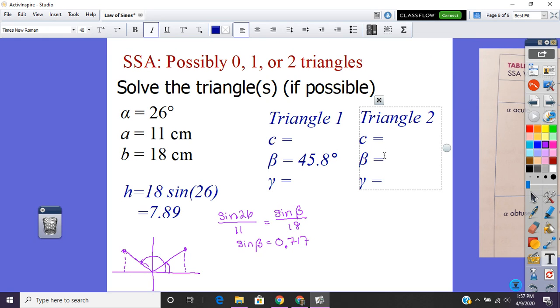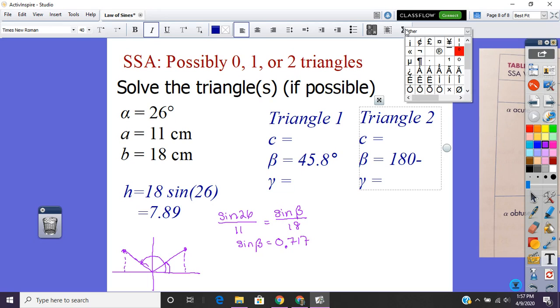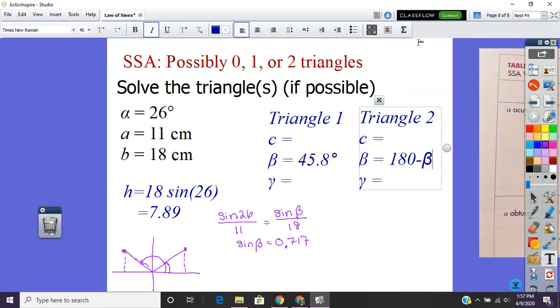In triangle 2, if you don't want to remember where it's all at, just remember this is going to be 180 minus our beta from triangle 1. I'm going to just write this as a formula here.